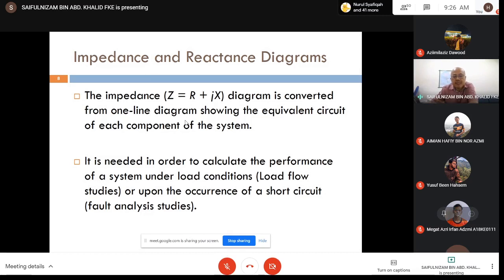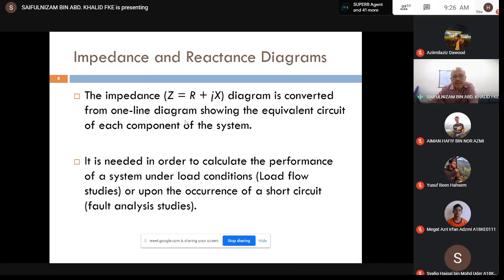For the transmission line, we have a nominal pi equivalent circuit, which is usually used in the reactance or impedance diagram. For the transformer, we have the equivalent circuit of the transformer. So in this impedance diagram, each component is represented by its equivalent circuit.